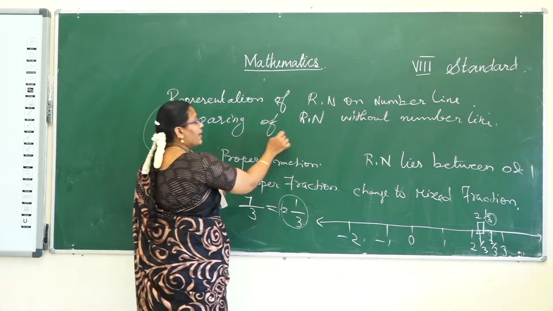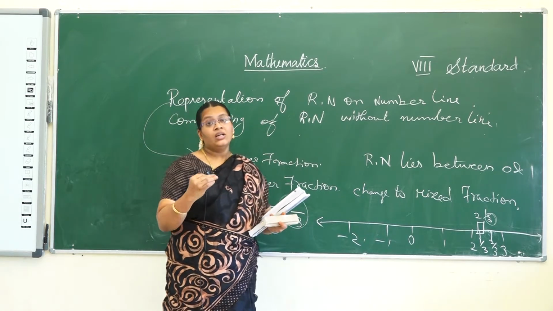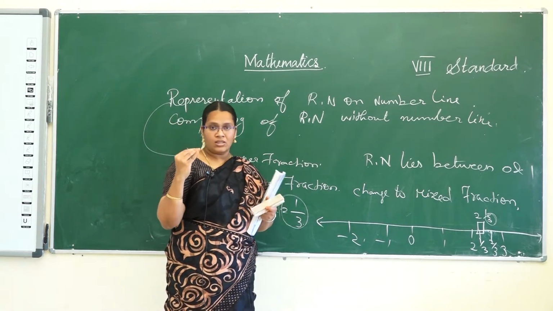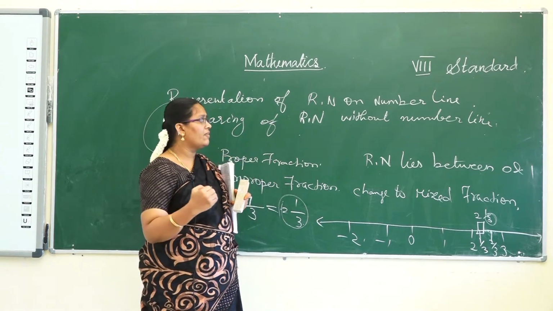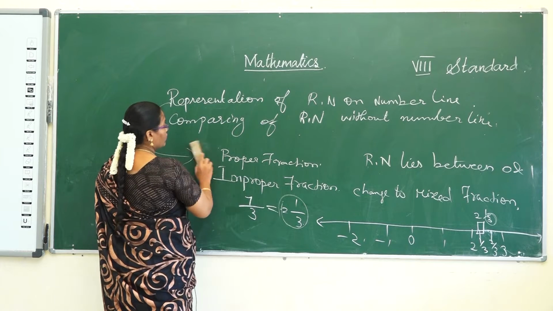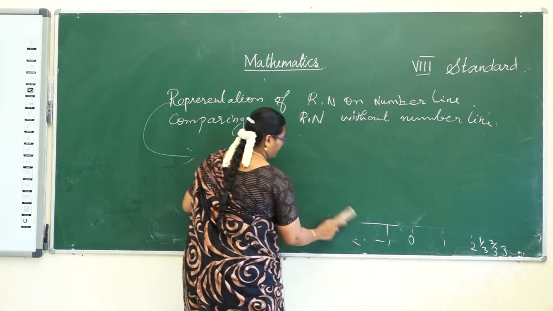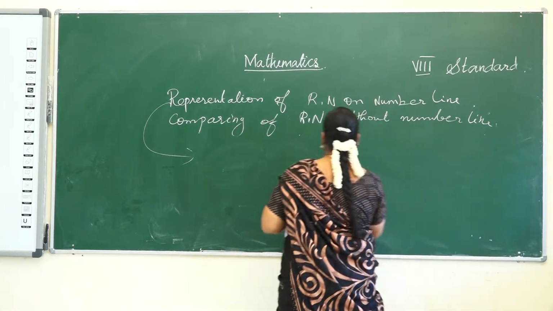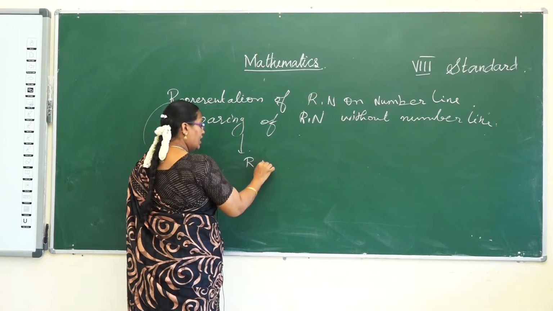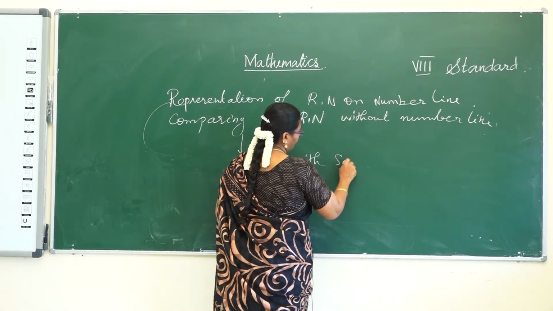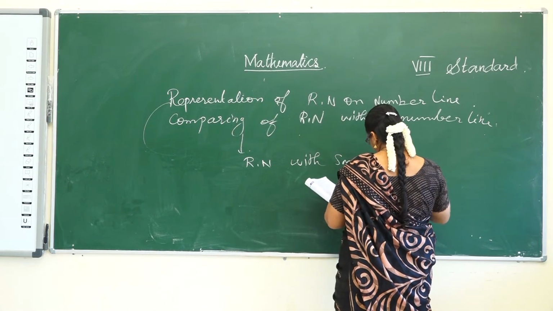And next one, comparison of rational numbers without a number line. Rational numbers with the same numerator, rational numbers with the same denominator, and different denominator and different numerator are given. How to do? Okay, so first you see the first one: rational number with same numerator.